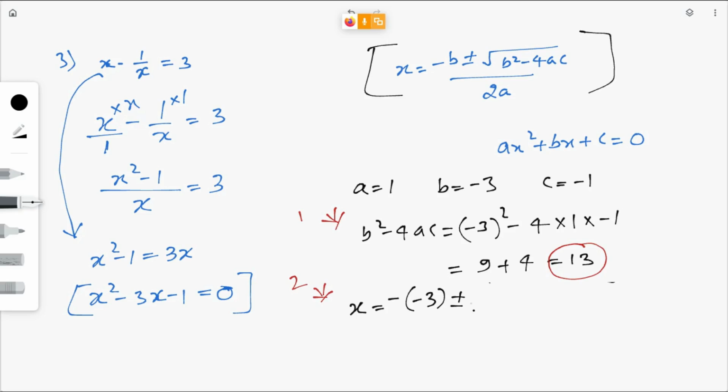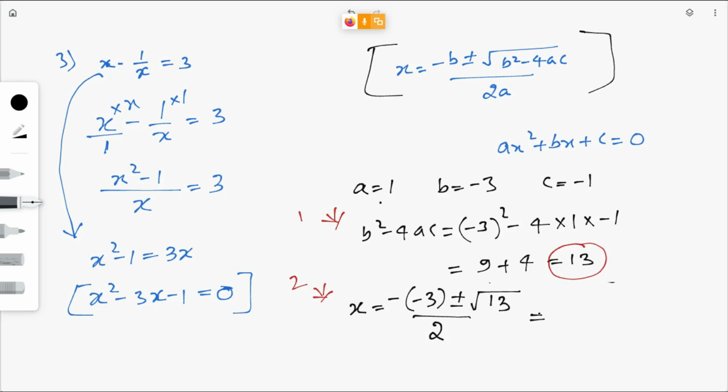Plus or minus root of what? Root of 13, because b square minus 4ac is already solved here. So no need to substitute the values and simplify it again. Directly take the values. Plus or minus root 13 divided by 2a, into 1, or you can directly write it as 2, because a is 1. What is the next step?